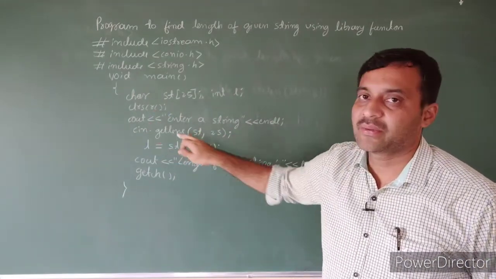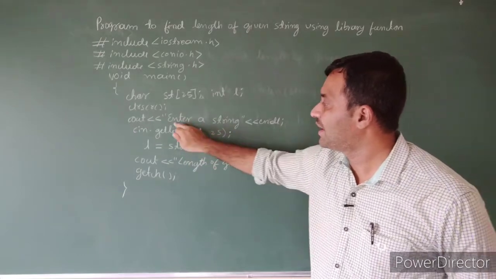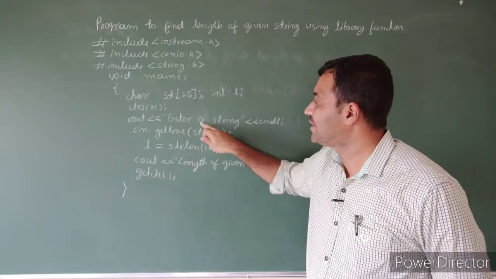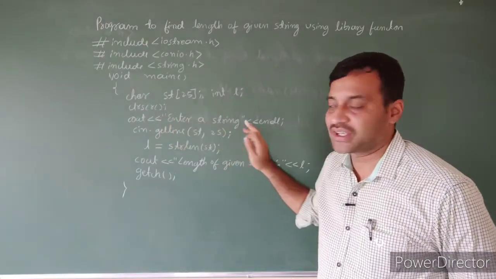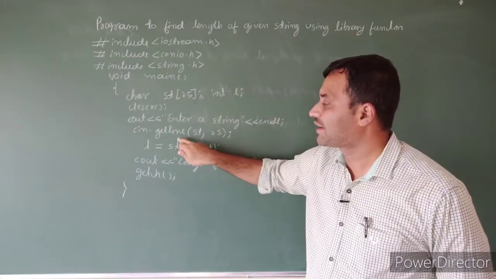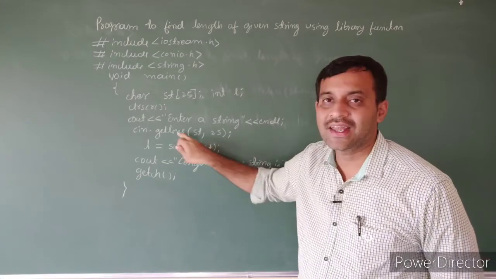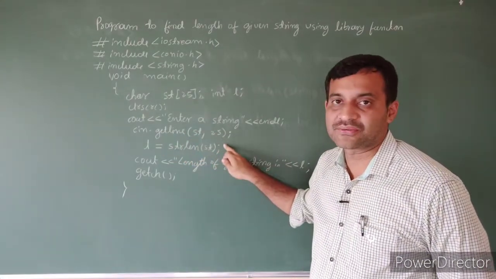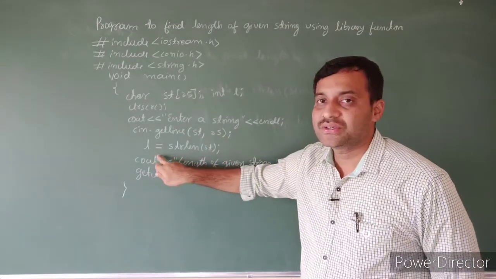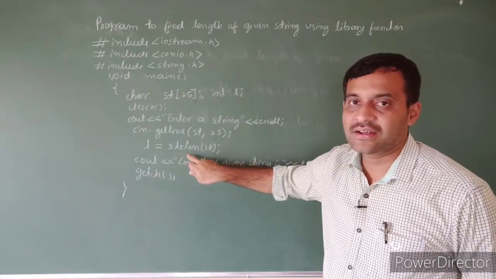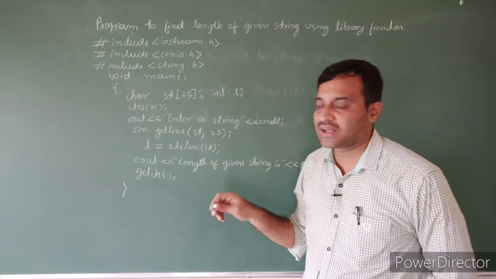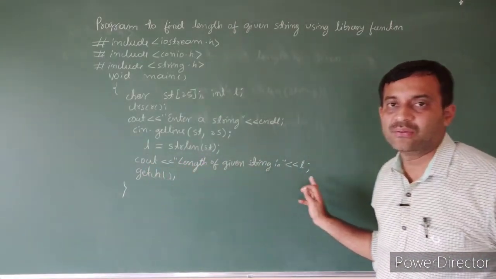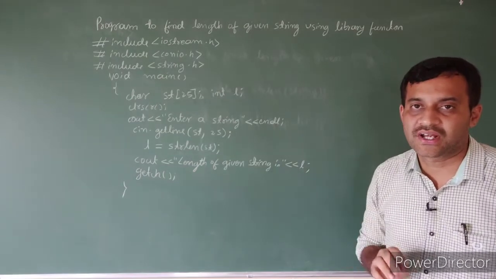Next, the output statement, enter a string. Here, enter a string is a string type, hence we represent it in double quotation. To read a string, the function is getline. First we write the name of the string, then the size of the string. Then use the predefined function strlen to find the number of characters, which is assigned to the variable L. Finally display the variable in the output statement.